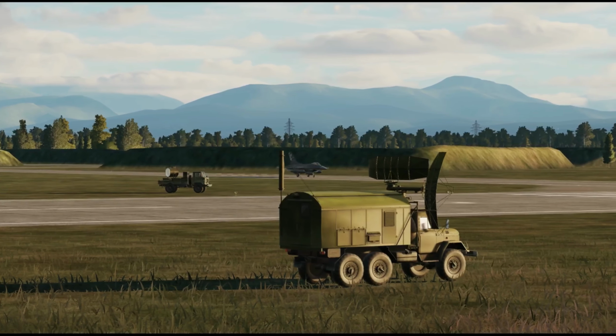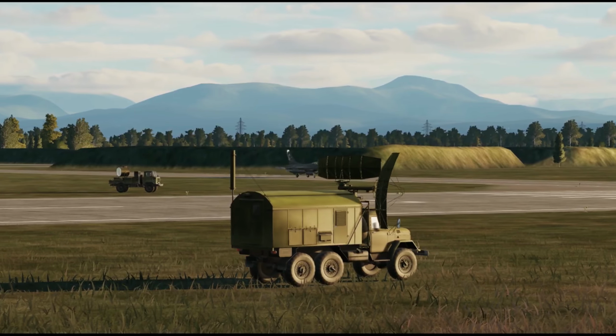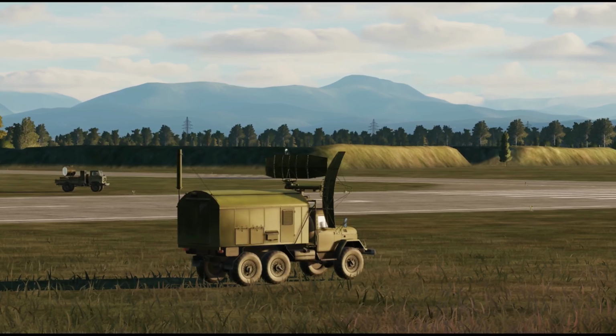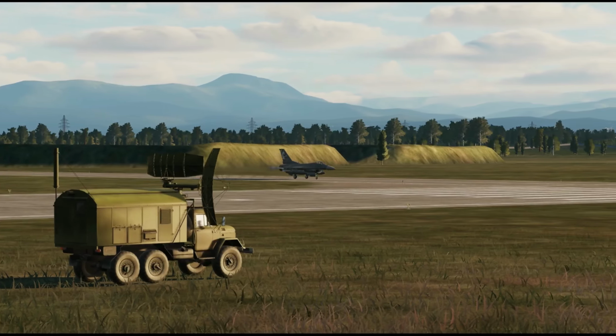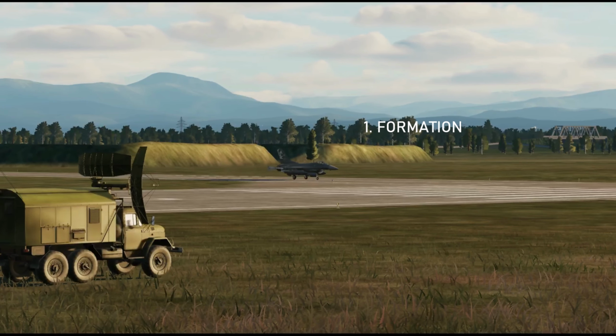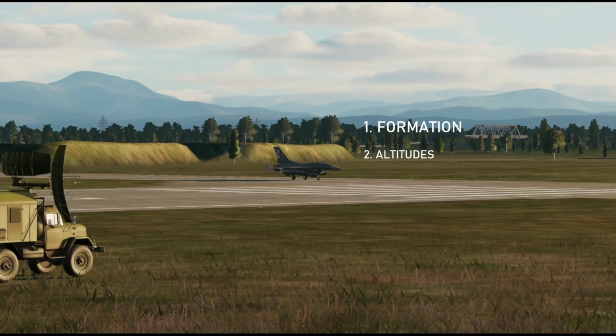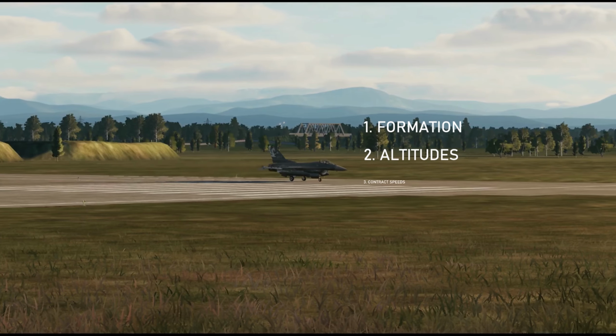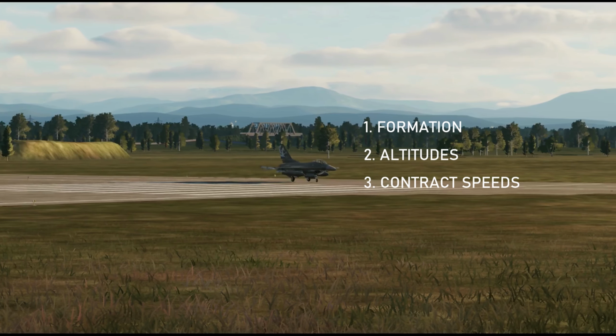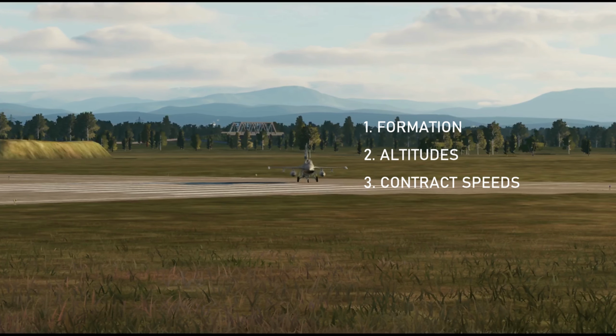When it comes to developing the procedure for your rejoin, there are 4 main ingredients that you need to consider when developing your plan. 1, the formation to be flown. 2, the altitude at which the rejoin will be completed. 3, the contract speed for the flight and for the rejoin.